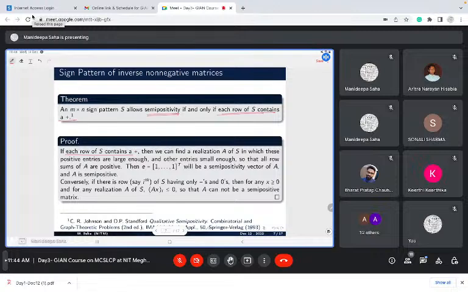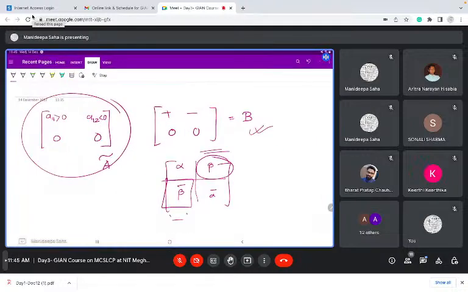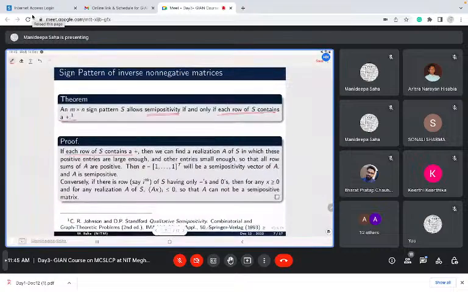Then we can find a realization. That means we can find a matrix A which has the sign pattern S. If we are given a sign pattern, we can always find a matrix which has that sign pattern. But on top of that, what else did we want?